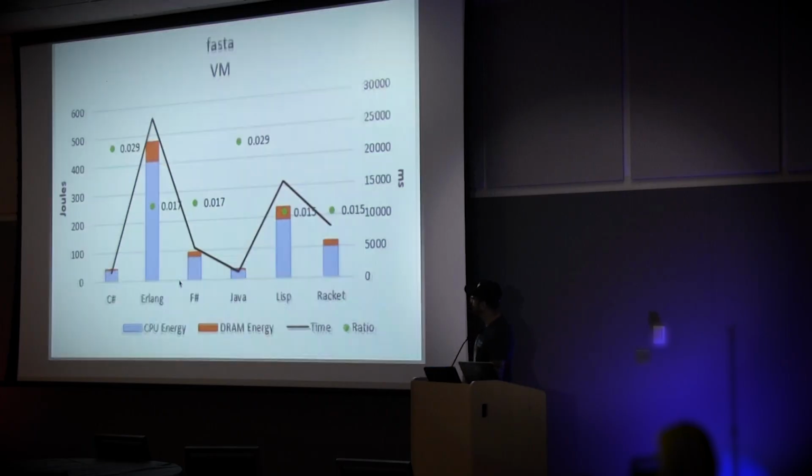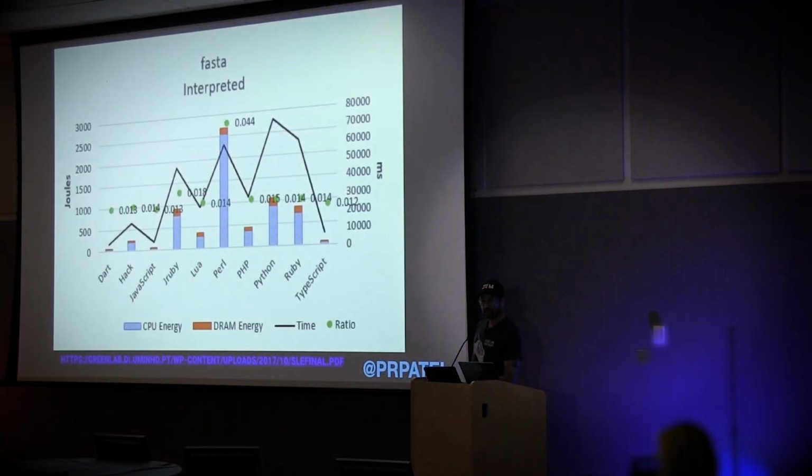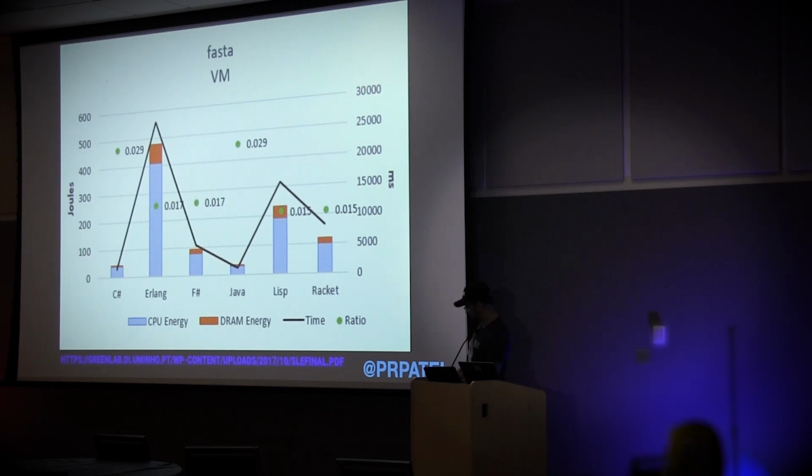And just for giggles, I put in some of the interpreted languages, and we were talking about how people love things like JavaScript and Perl and other things like that, Ruby, for example. But you could see that if we go back one, Java uses approximately, let's call that about 40 joules for this specific test.